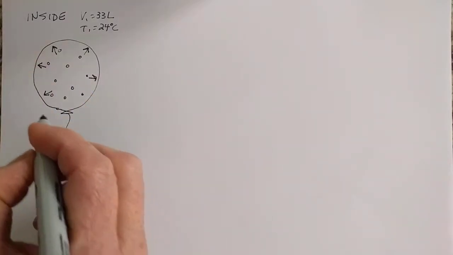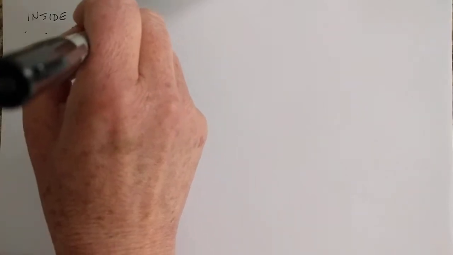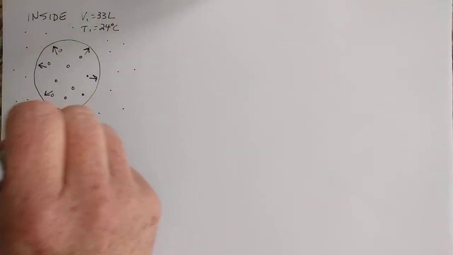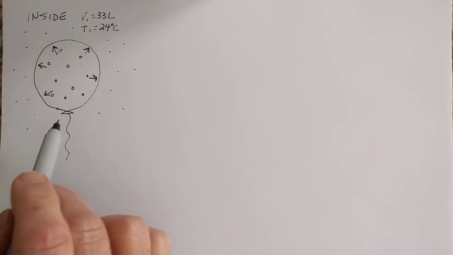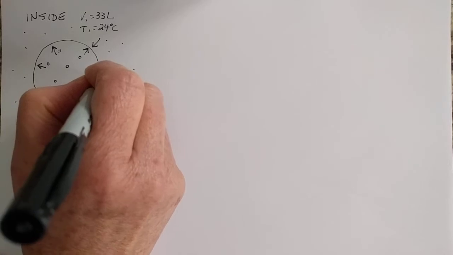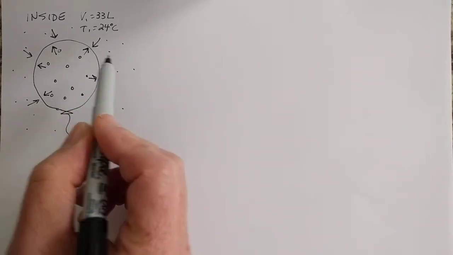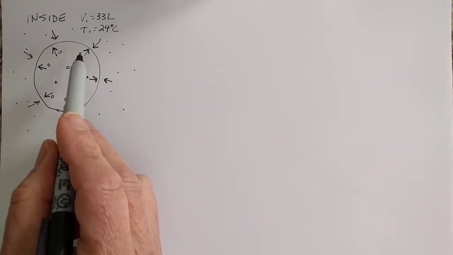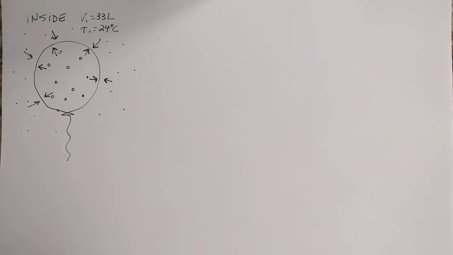Outside of the balloon, we have our atmosphere, our nitrogen gas, our oxygen gas, a little bit of carbon dioxide gas, and the gas molecules in the atmosphere are bumping into the balloon and pressing in on it. So we have a balance here: the gas inside pushing out, the gas outside pushing in.